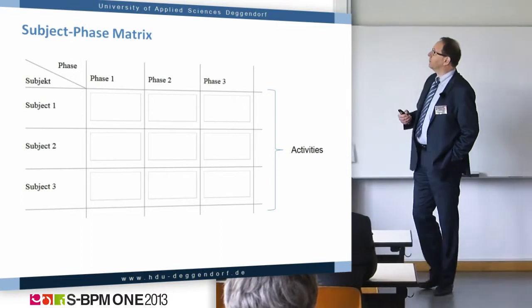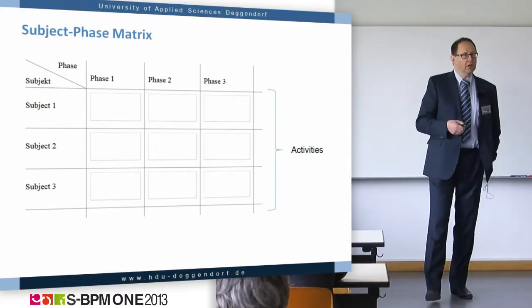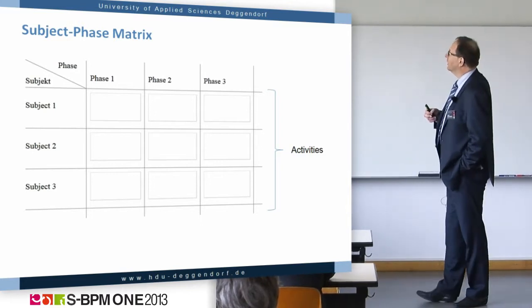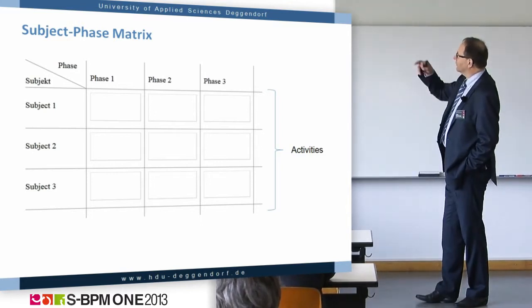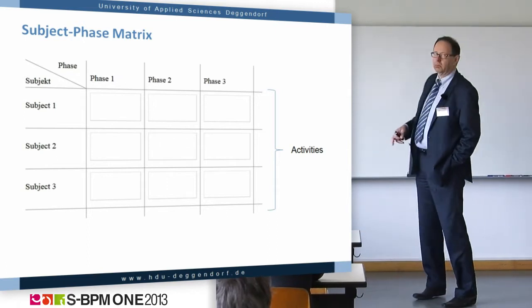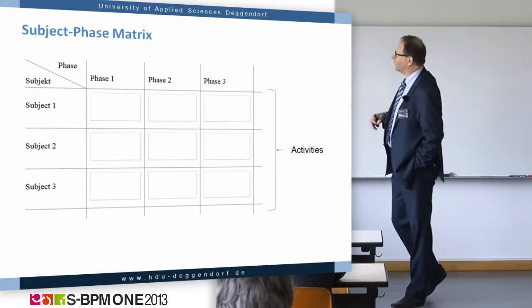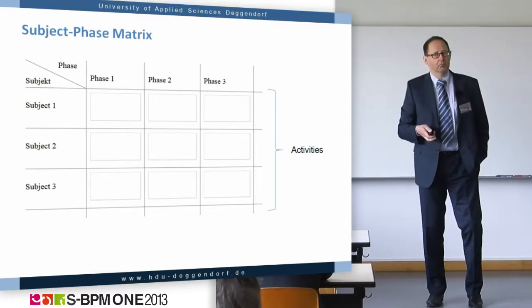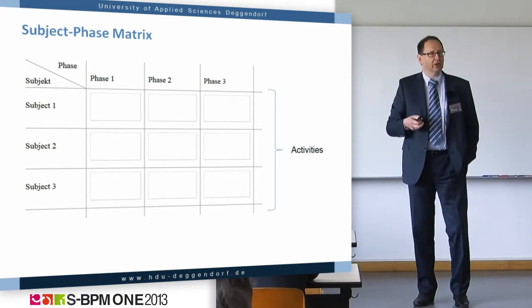Okay, so this is the other aspect of the representation. We have subjects on one side and phases on the other side. So the diagram is very simple. It's just like swim lanes in usual UML diagrams.